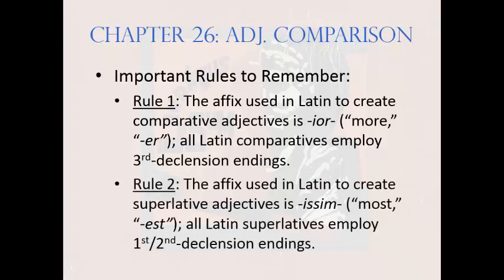Rule 2. The affix used in Latin to create superlative adjectives is issim, spelled I-S-S-I-M, meaning most, or the equivalent of adding est to the end of an adjective in English. All Latin superlatives employ first-second declension endings.